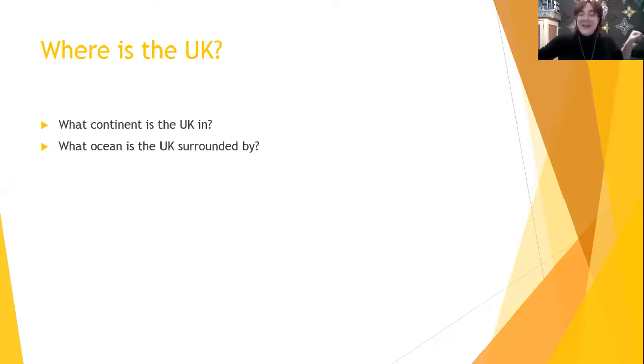surrounded by. So, in a minute, could you look at your map that I've set that is below, and could you try and find where the UK is, where England is? And could you write down what continent the UK is in and what ocean it's surrounded by?